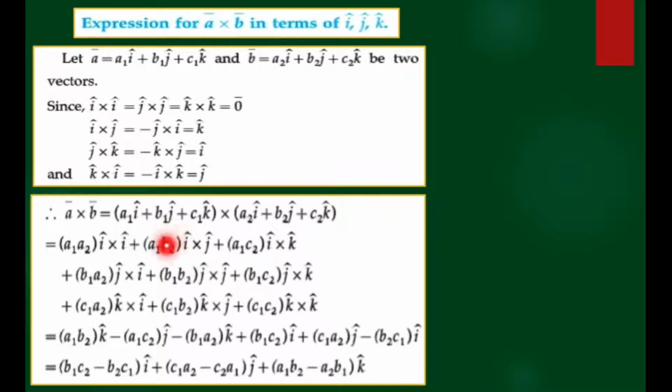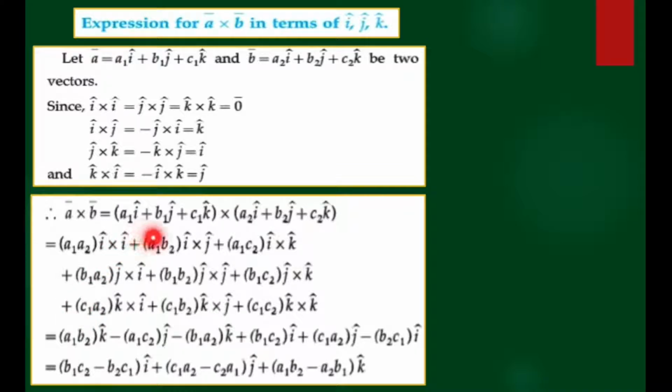Now multiply a1 i to each term of the second bracket. So we write a1 a2 i cross i, then a1 b2 i cross j, then a1 c2 i cross k. Similarly multiply b1 to each term of the second bracket.